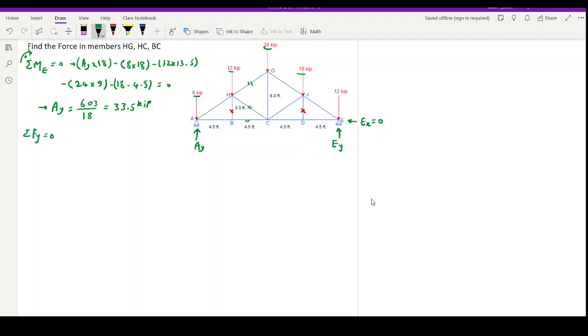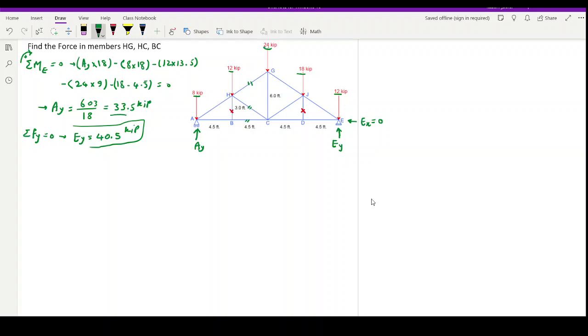Sigma Fy is 0. From there, EY is clearly 8 plus 12 plus 24 plus 18 plus 12 minus 33.5, and that's going to be 40.5 kips. So I calculated both support reactions.